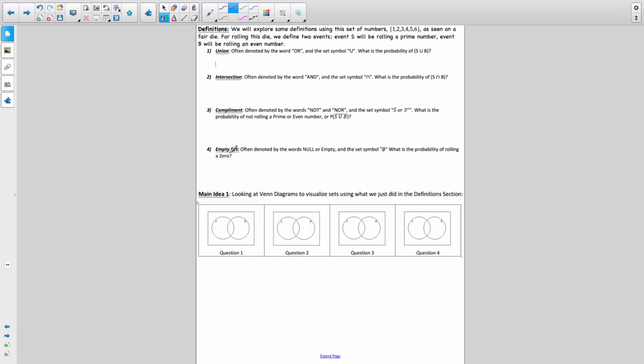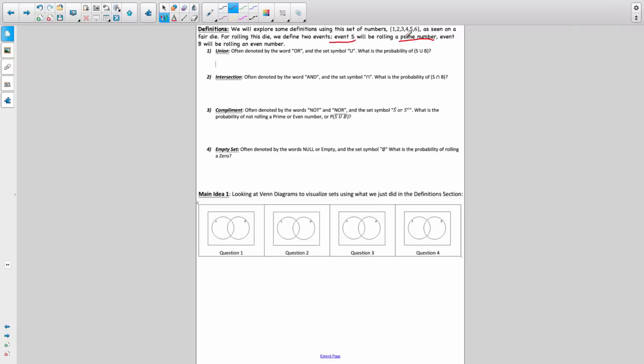So starting with the beginning, let's say we are rolling a die, and the die has numbers 1 through 6. So we have 1, 2, 3, 4, 5, 6. Now let's define two events. Event S will be if you roll a prime number.